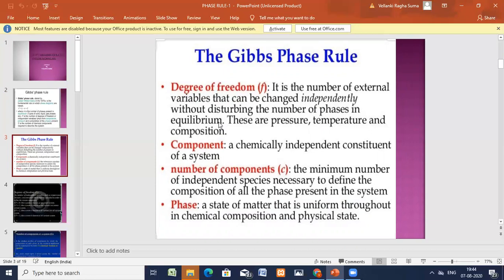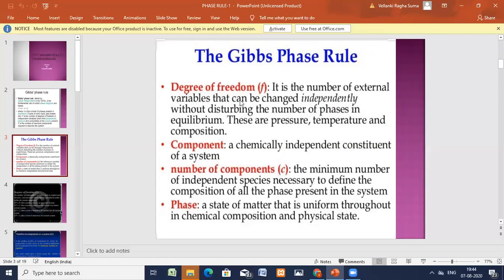All three are in equilibrium with each other. Here the variables temperature, pressure, and composition can be altered independently without changing the solid, liquid, and gaseous phases. So those variables are called degrees of freedom.